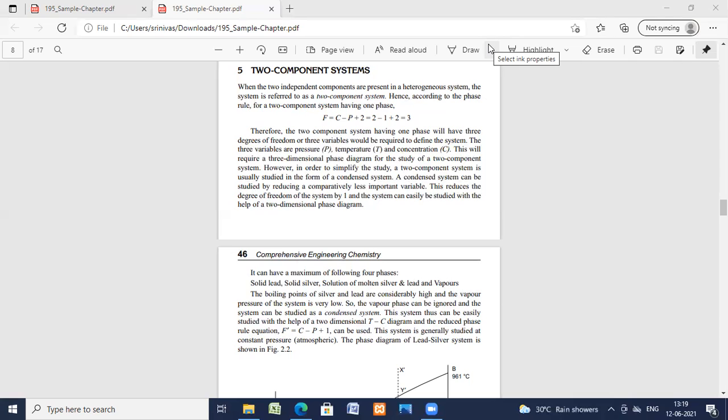Water has three phases: ice, water, vapor. C is 1, P is 3.